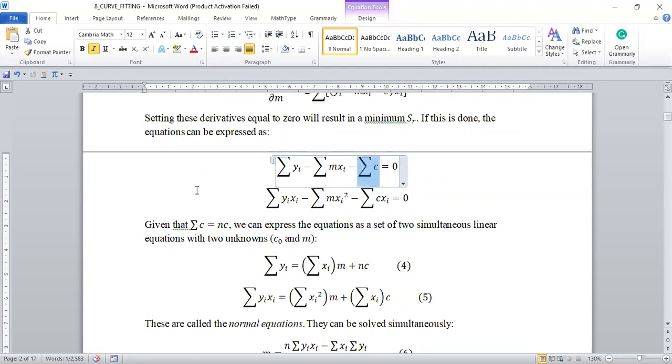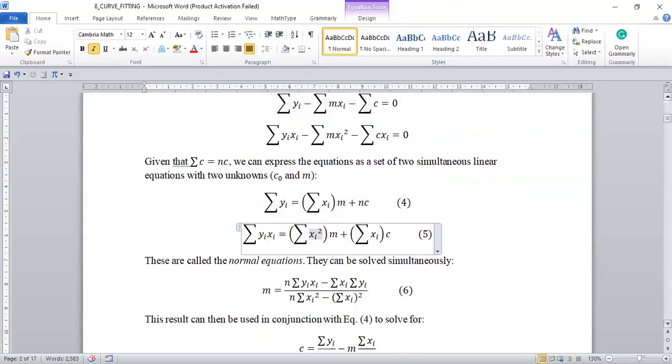So this summation is equal to n times c. So just replacing this summation with n times c and making this the subject of formula here, you arrive at this equation. Then making this one the subject of formula, you arrive at this equation.